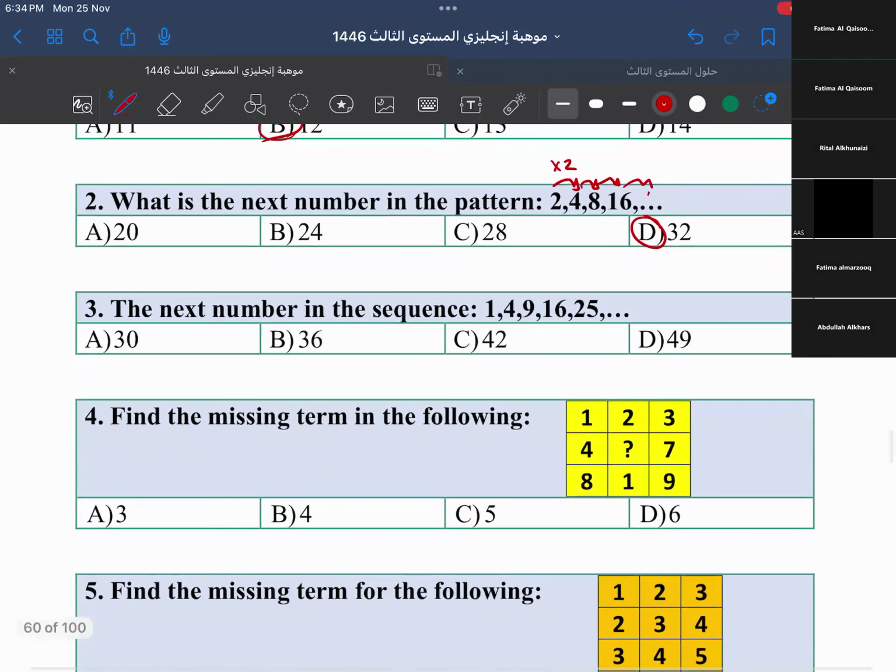Okay, so let's see the next question. The next pattern, what do you think the pattern is? 1, 4, 9, 16, and 25.